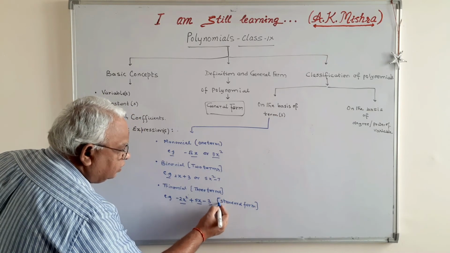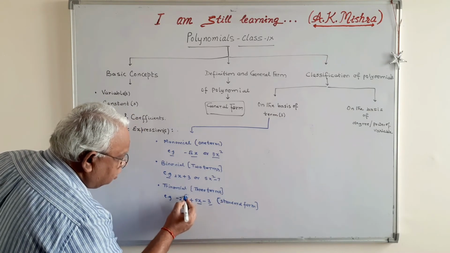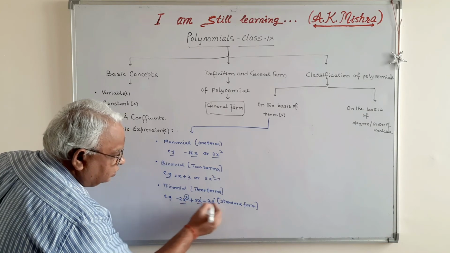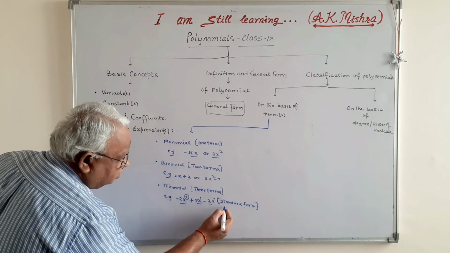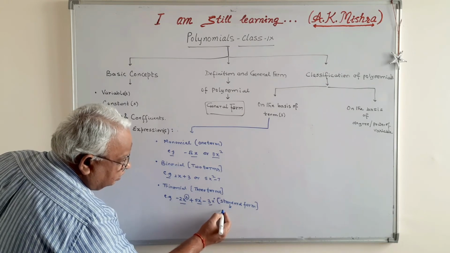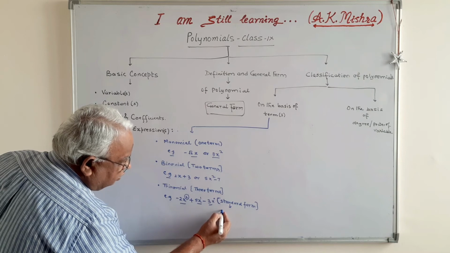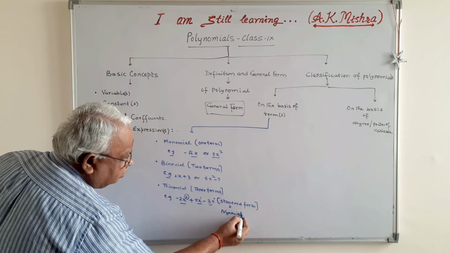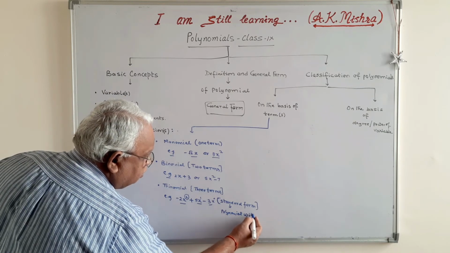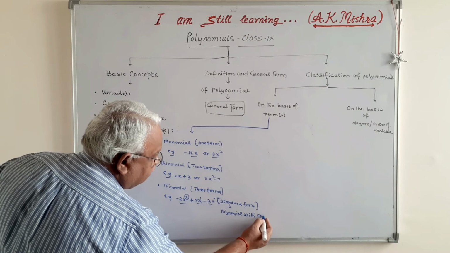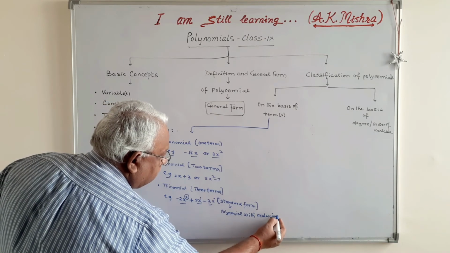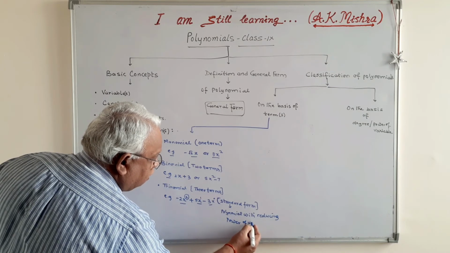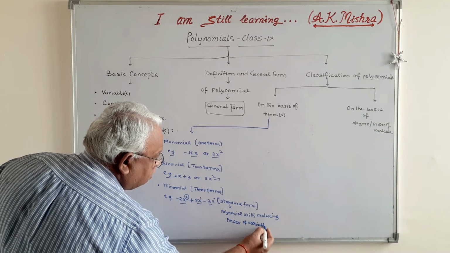Standard form means we write the polynomial with the degree in reducing form, that is, with decreasing power of the variable, right?